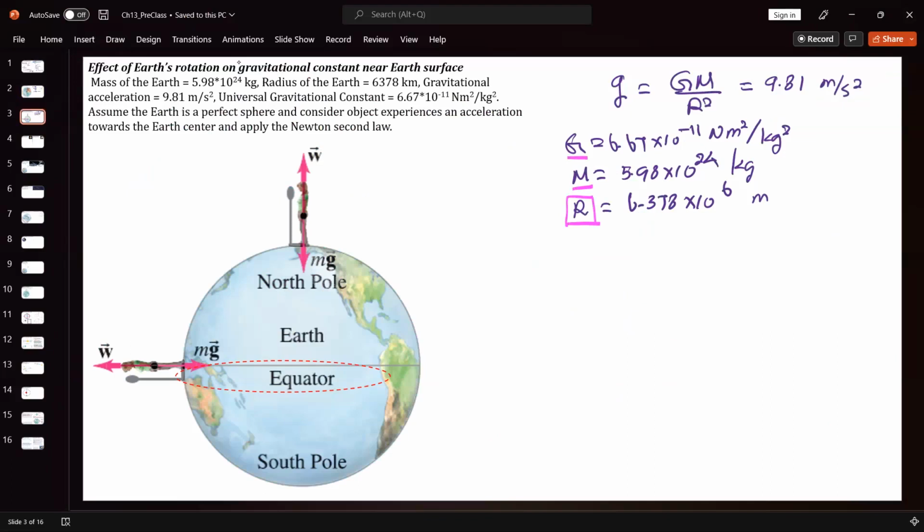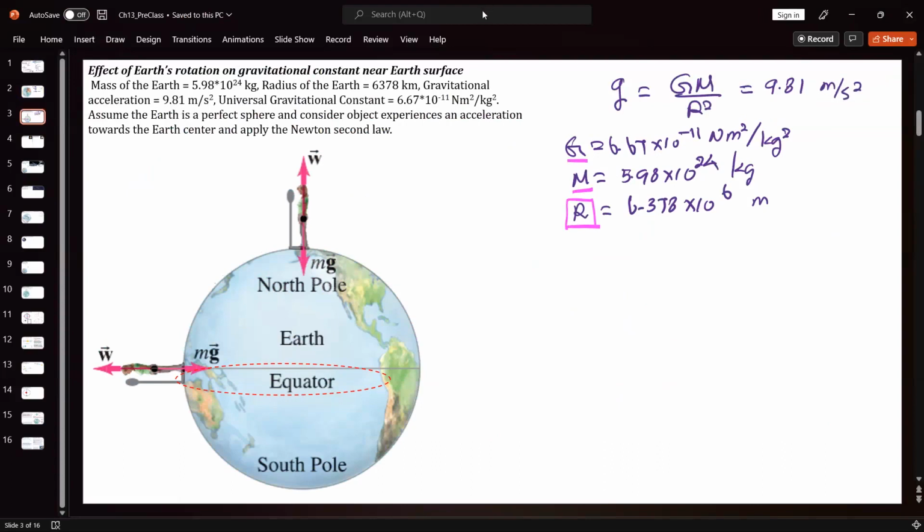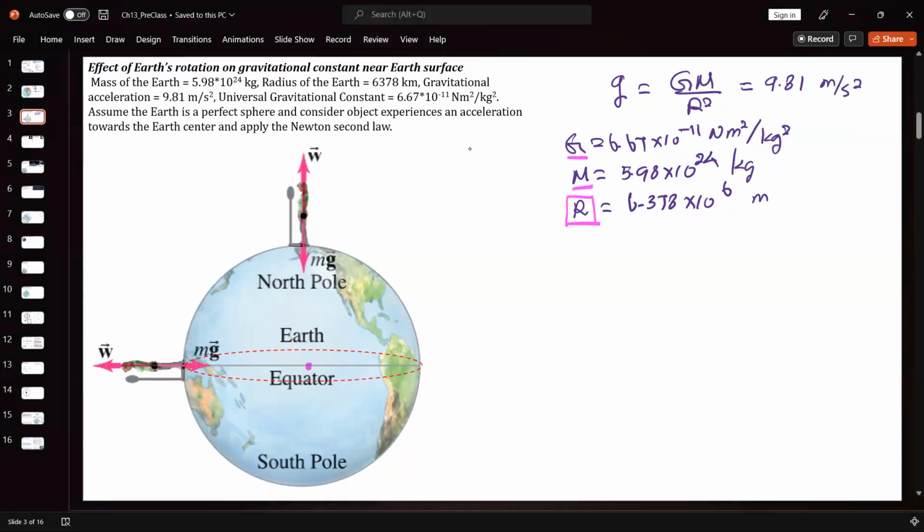We are assuming the Earth radius is measured from the Earth's center to the mass, which means it goes from this exact point, the Earth's center, to the mass right here.